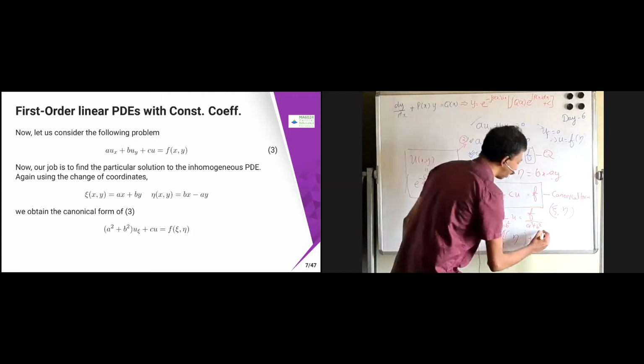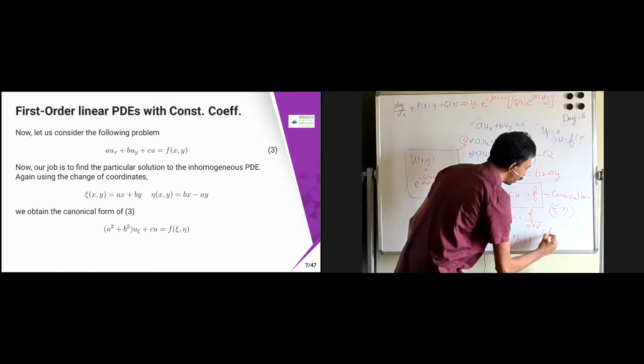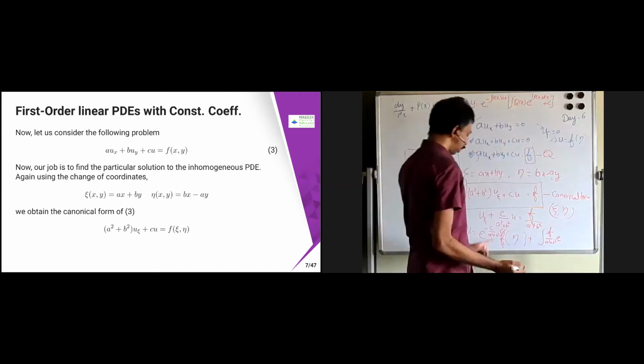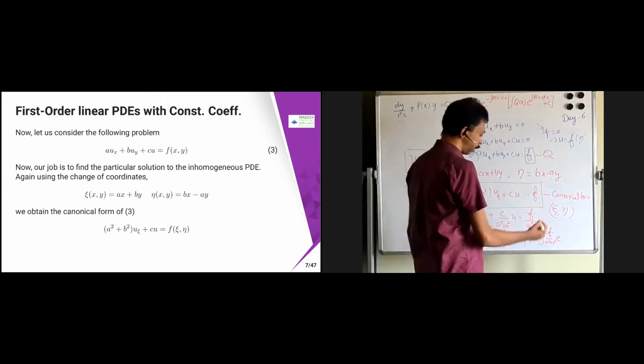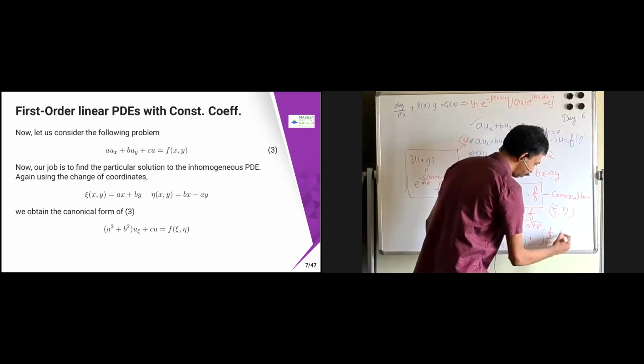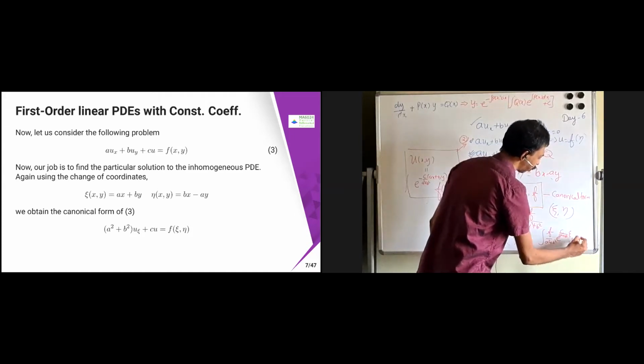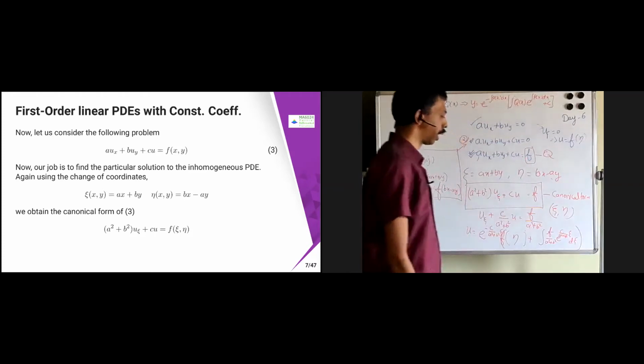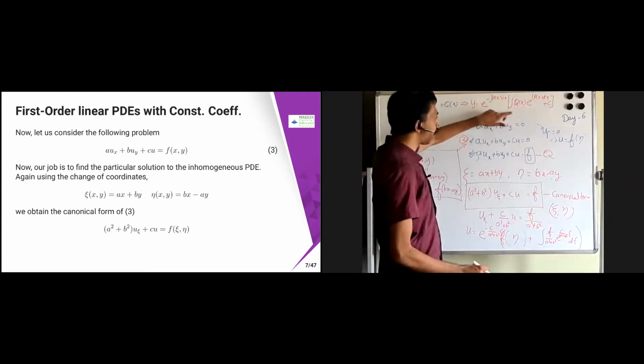So what I will have is the integral of f by a square plus b square into e power the same thing. Instead of minus, this is going to be plus c by a square plus b square into chi into d psi. This is going to be the extra term. Only this term was not there.